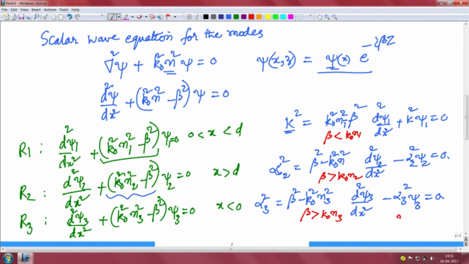Since we said that n2 is greater than n3 just as a convention, because n2 or n3, either can be greater or lesser. So, if beta lies between k0 n2 and k0 n1, we can say that we have a guided mode field.